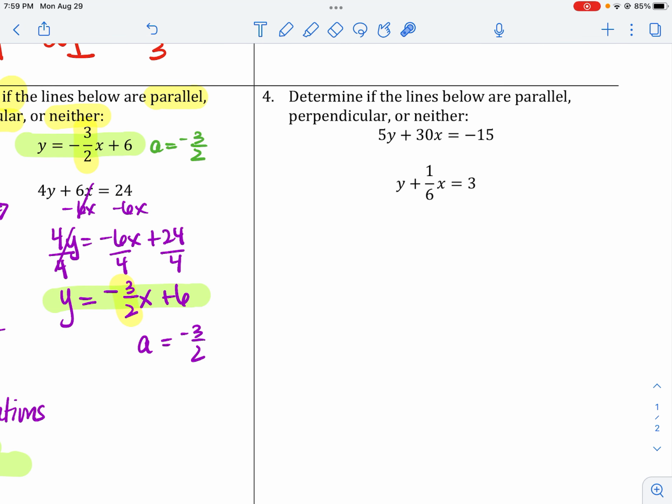This is the same thing. I'm given two equations, and I just need to put them in slope-intercept form and compare the slopes. So we'll do the first one. 5y plus 30x equals negative 15. Remember that we're subtracting the x.